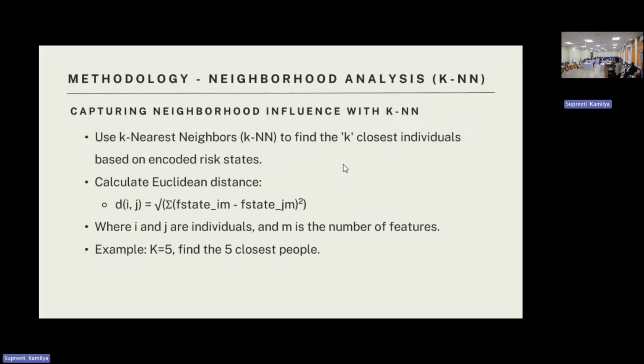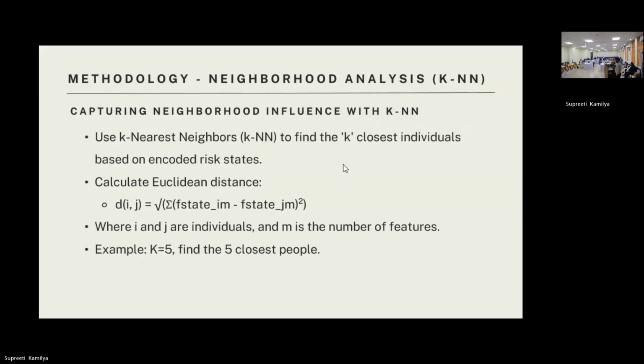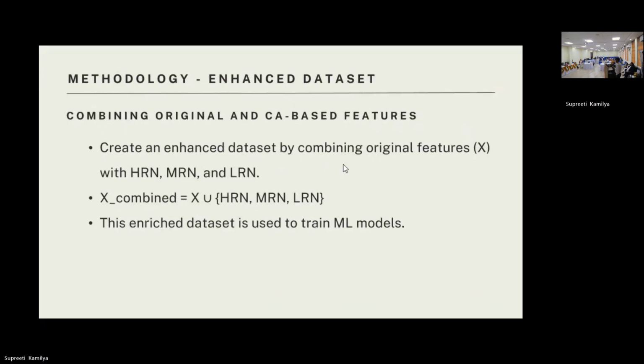Then we use k-nearest neighbors to calculate the distance between two encoded states. Then we combine both datasets, the original one and the one enhanced using cellular automata, HRN, MRN, and LRN.